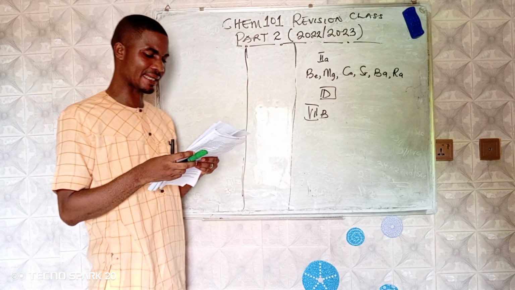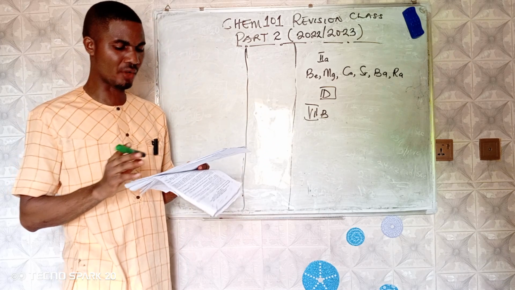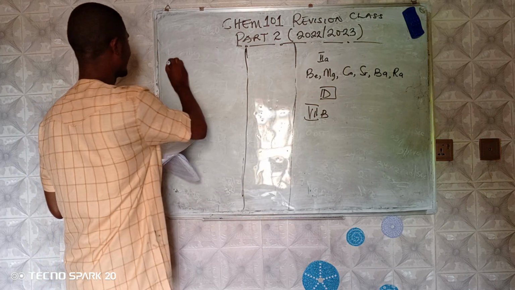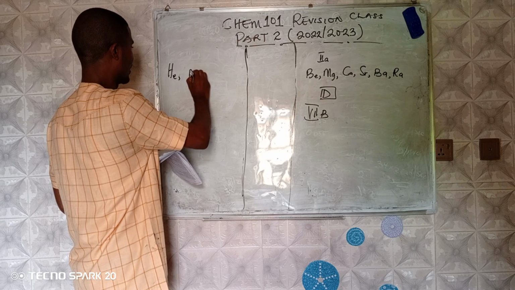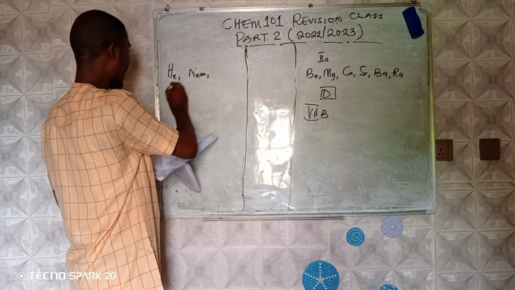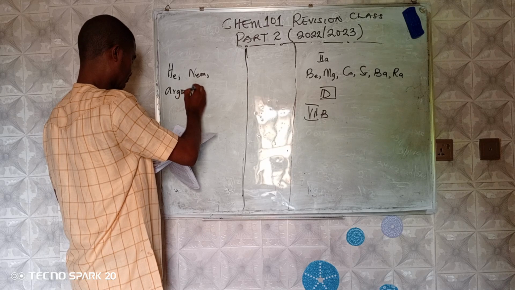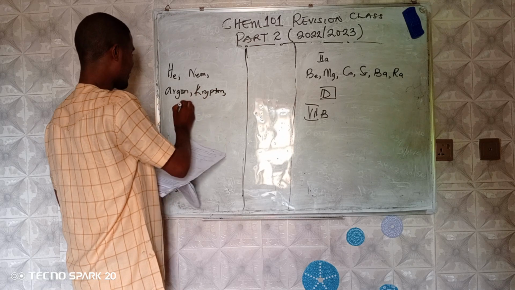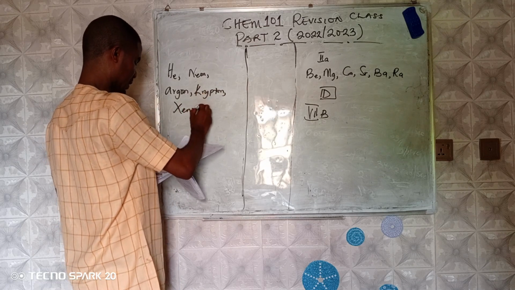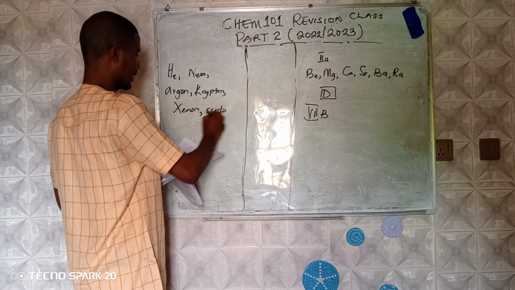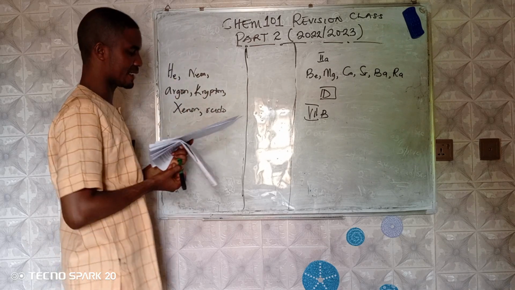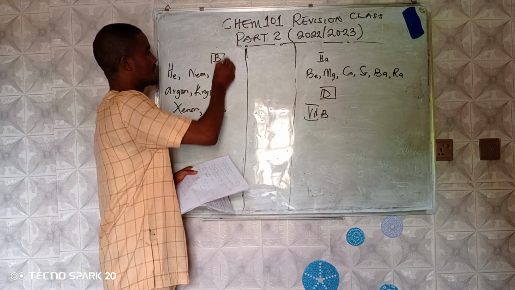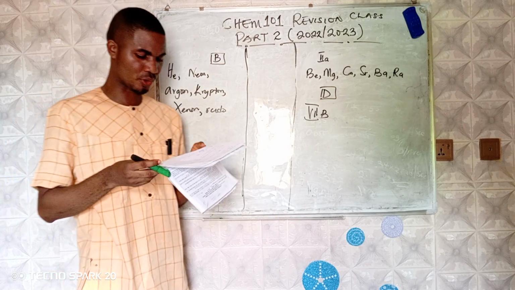We say inert gases are gases which do not undergo chemical reaction under a given set of conditions. Examples of them are helium, neon, argon, krypton, xenon, radon, and so on. These are inert gases. That gives us the correct option to be option B.